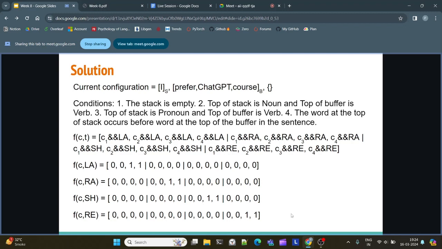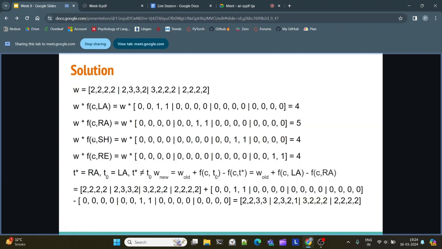Next I need to find out the transition that is being predicted by the classifier with the current set of weights, which is this. So I again multiply this weight with each of the features that I obtained.